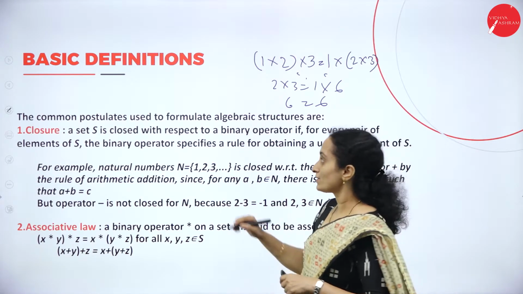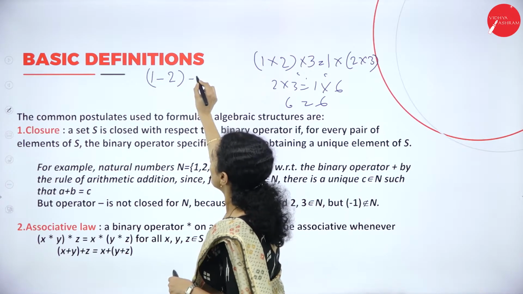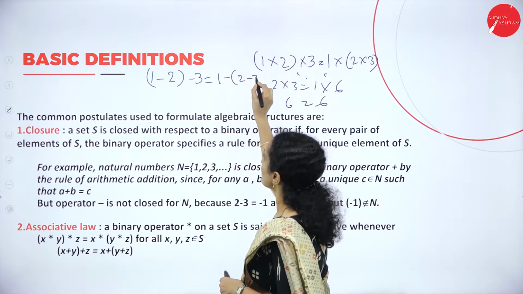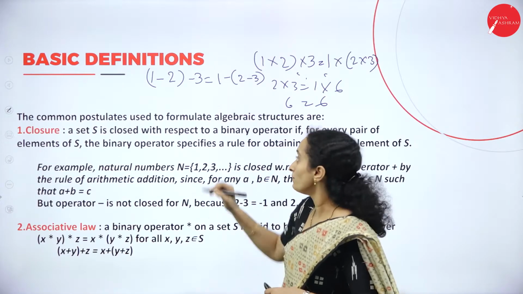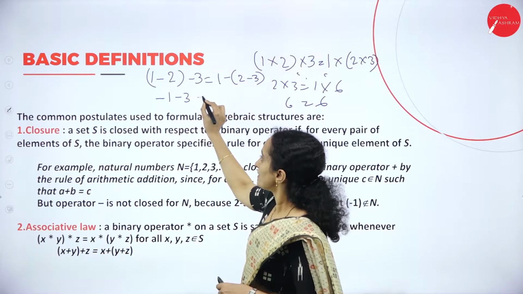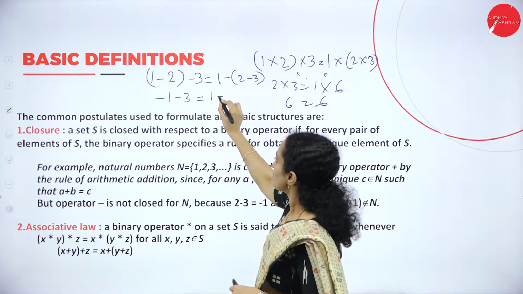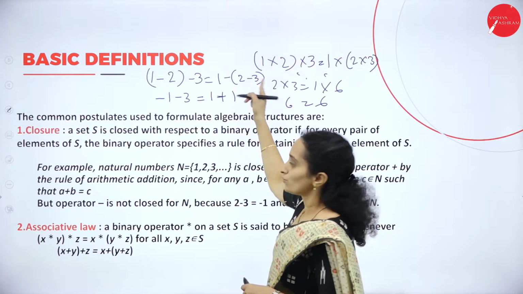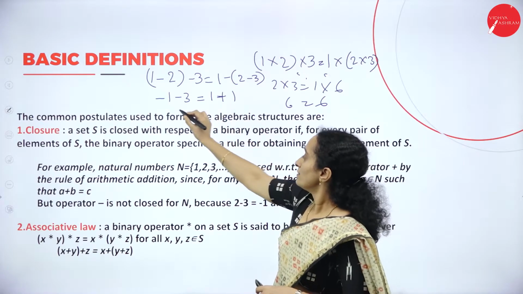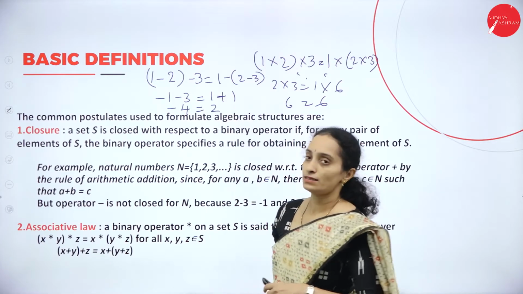If you take the minus operator, it may be 1 minus 2 minus 3 and 1 minus 2 minus 3. What is the result now? 1 minus 2 is minus 1, minus 3 gives minus 4. And 2 minus 3 is minus 1, so 1 minus of minus 1 will give you 2.